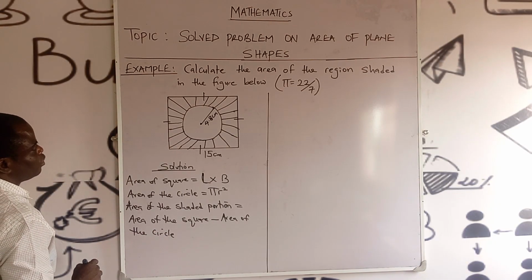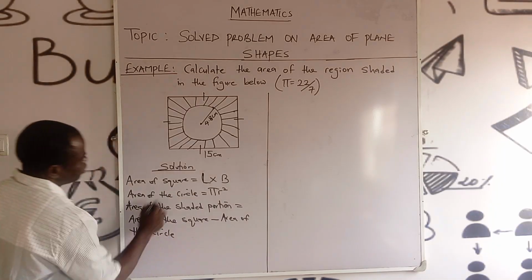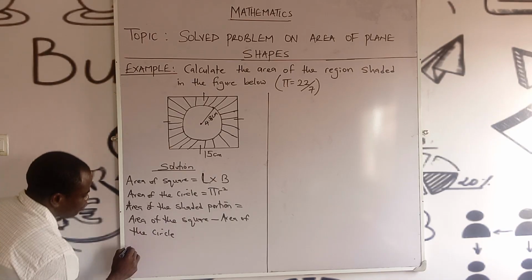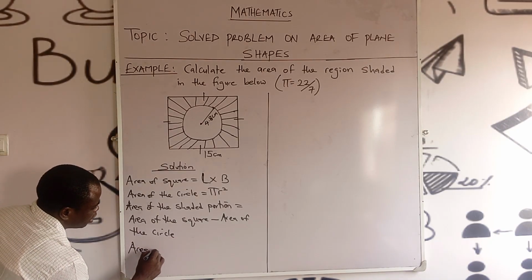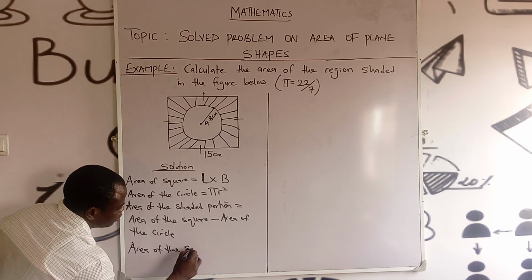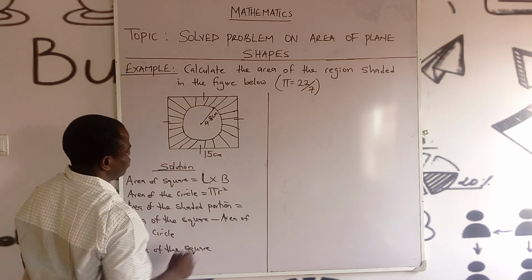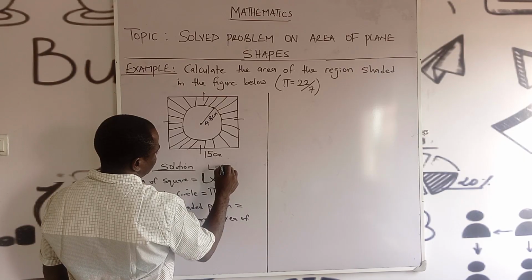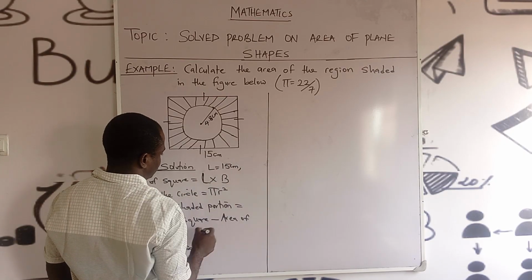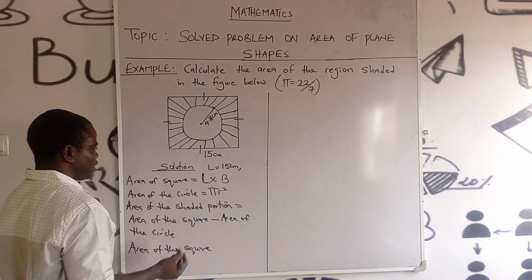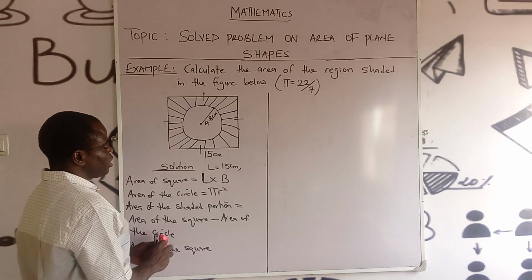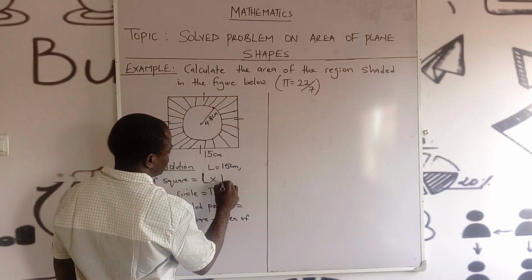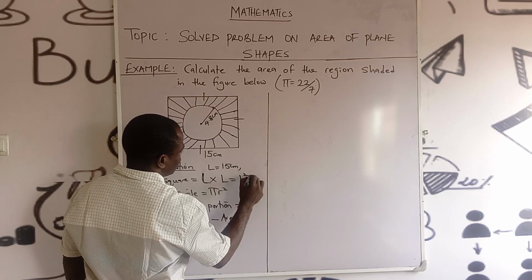Okay, don't forget that the radius of the circle is 4.8 centimeter. Now let's look for the area of the square first. Don't forget the length is 15 centimeter. Since it's a square, it is length times length, which is L squared.